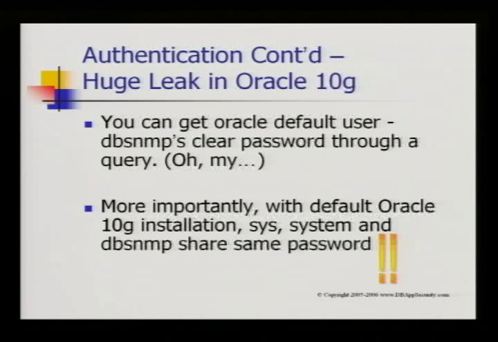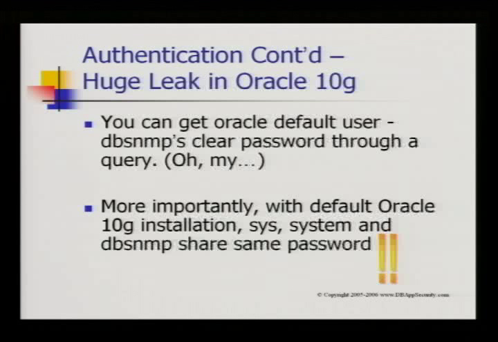And for Oracle 10G, there's a pretty huge leak, which is that the DBSNMP password can be obtained through a simple query. The reason is that it's not hashed, it's encrypted. And more importantly, for 10G, the default installation will have SYS, SYSTEM and DBSNMP share the same password.